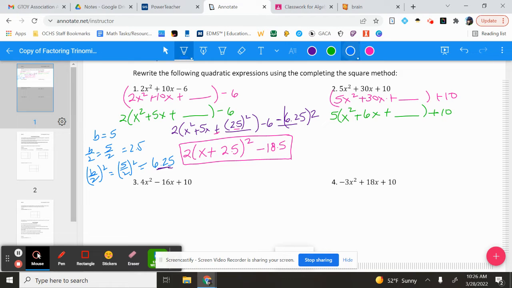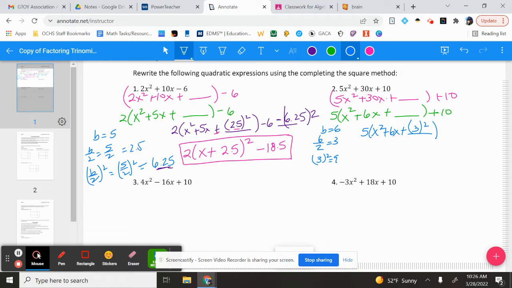I need to look at my b value, and in this case my b value is 6. So we do 6 divided by 2, which is 3, and 3 squared, which is 9. So as I get ready to plug those values in, 5 times x squared plus 6x plus, and remember I take my b divided by 2 squared value and put it here.